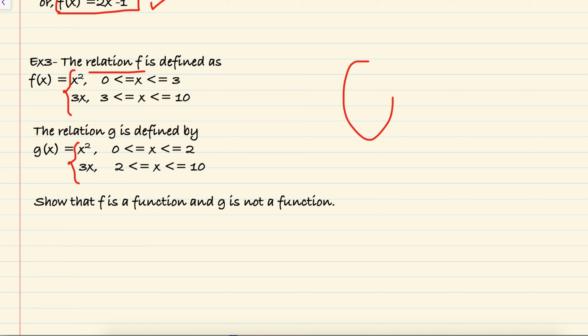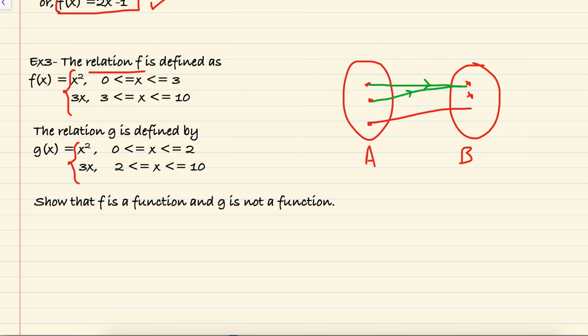So for a function, we remember that if a relation is defined from A to B, then for every element in A, there should be one and only one image in set B. So it may be that more than one element of A has the same image, but it cannot happen that one element has two images.